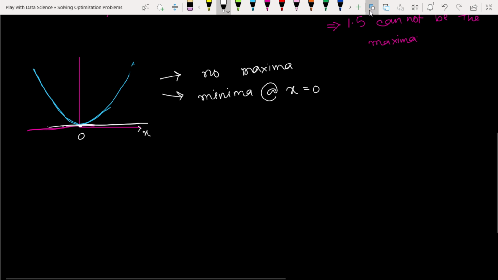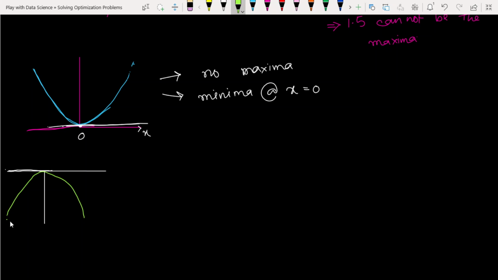Now see the opposite graph of this. This is our x-axis, and this is our y-axis, that is f of x.